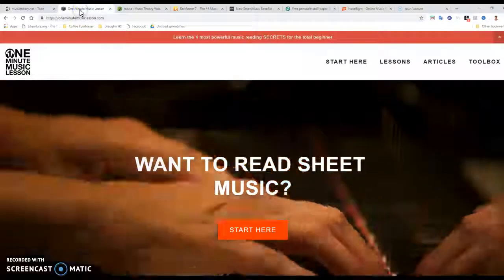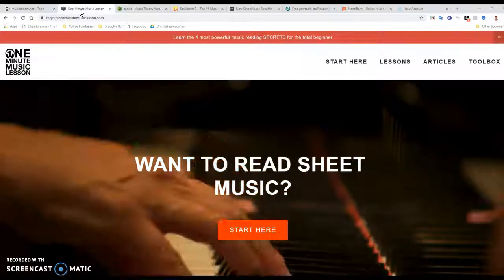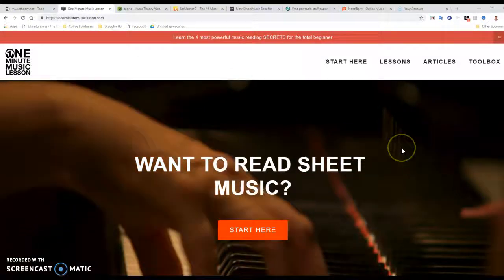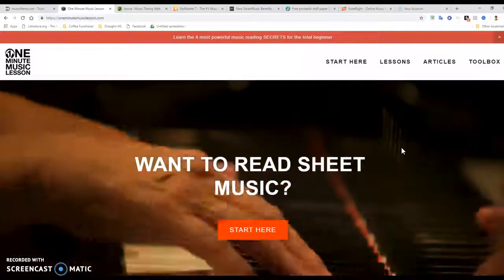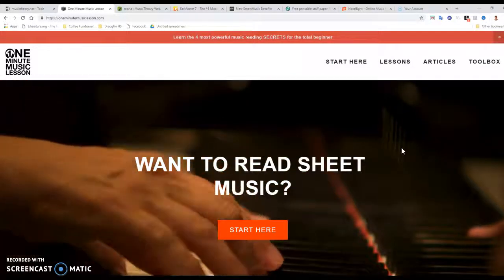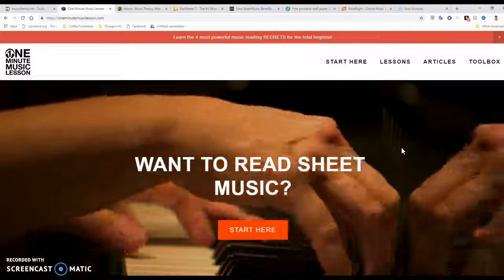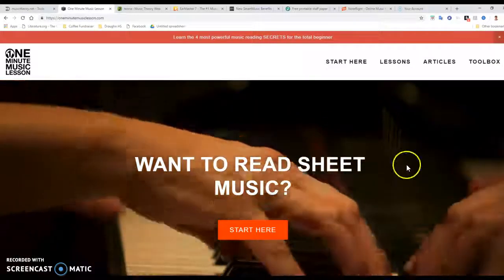The next resource I want to point out to you is called 1 Minute Music Lessons. This covers beat and measure, time signature, note value, key signatures, harmonic functions, transposing instruments even.